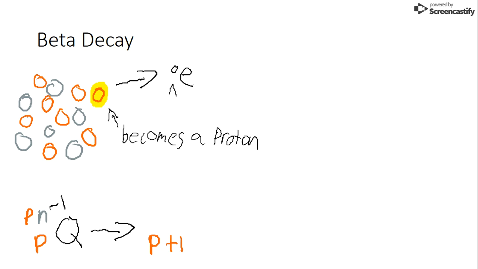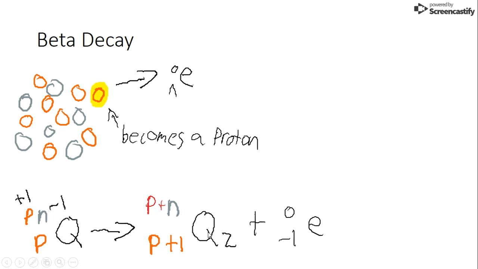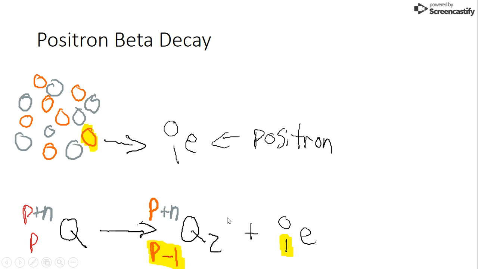But because the element loses one neutron and gains one proton, the top stays the same as protons plus neutrons. And since we changed the protons, this creates a whole new element that we'll call Q2. And this is it for beta decay.